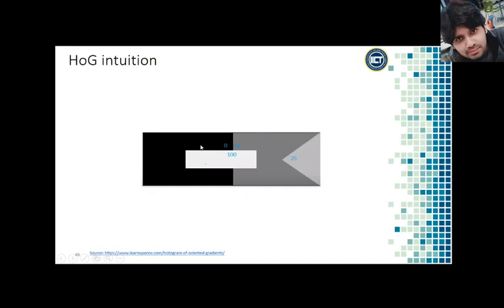In this example, we have this region where the intensity is 0, this region where the intensity is 50, this region where the intensity is 25, and this region where the intensity is 100.